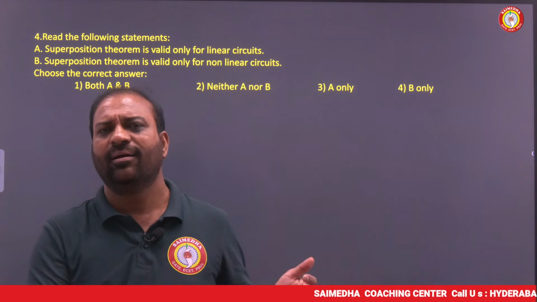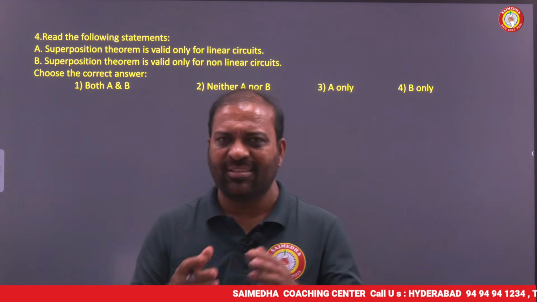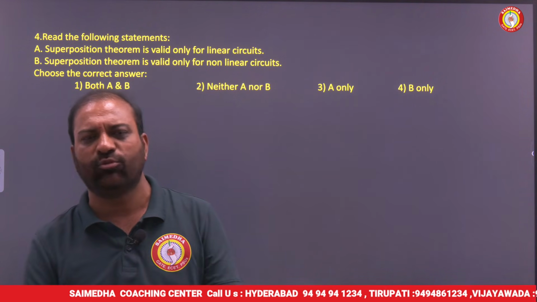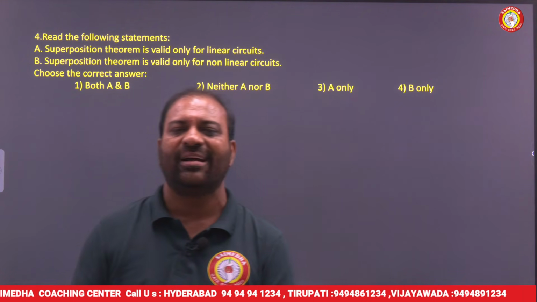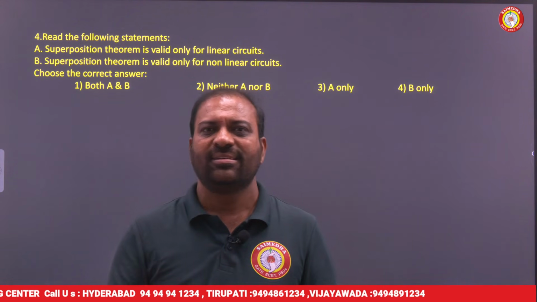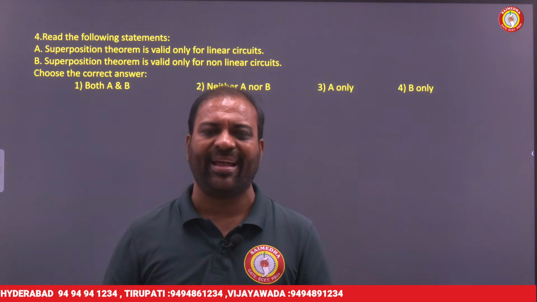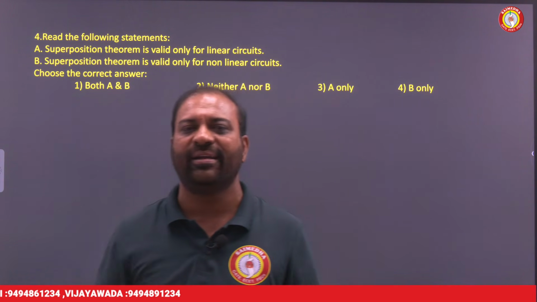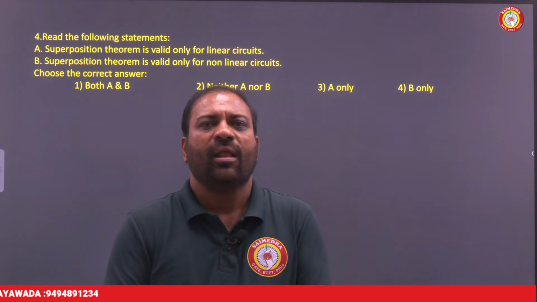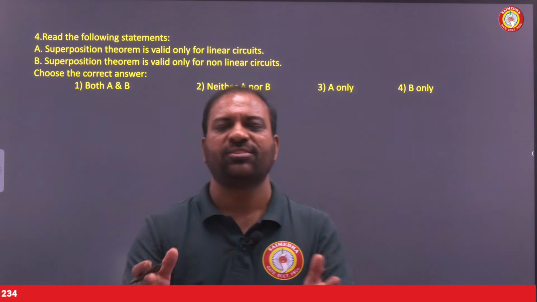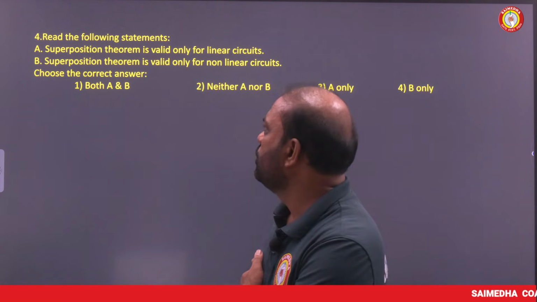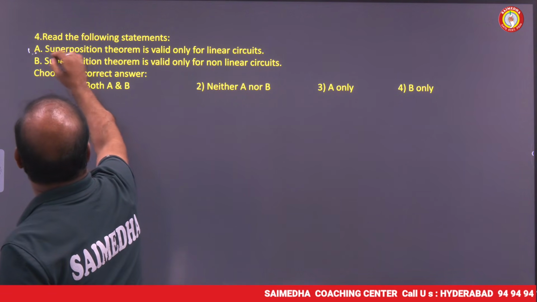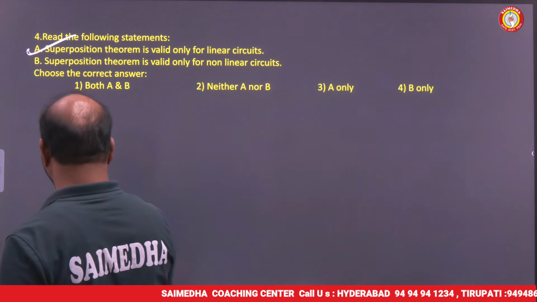In the statement of superposition theorem itself, the term is included: in a linear circuit consisting of multiple sources, the response in a branch, maybe current or voltage, is equal to the sum of the individual responses considering one source acting alone. That is the statement of superposition theorem. So it is strictly applicable to linear circuits only. Option A is the right answer.